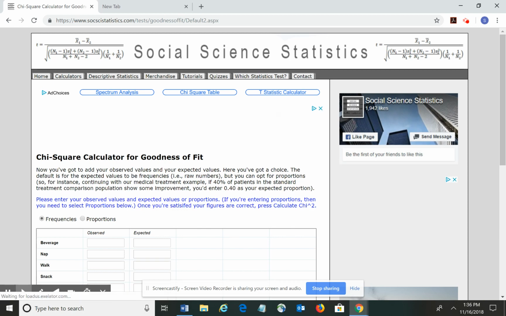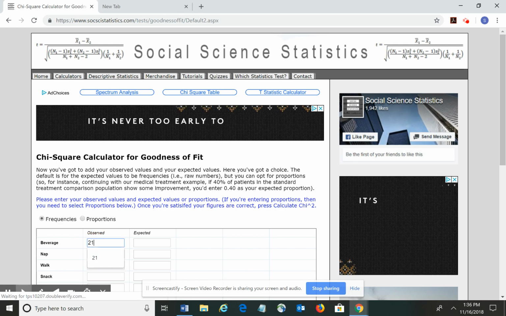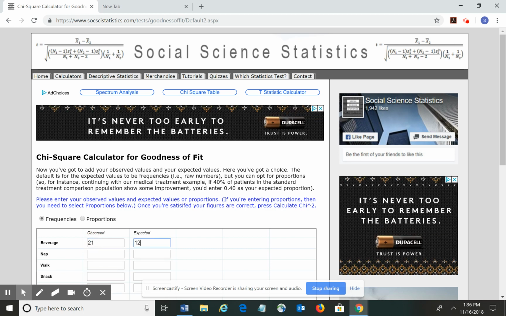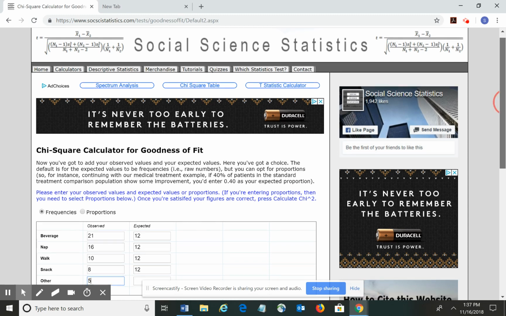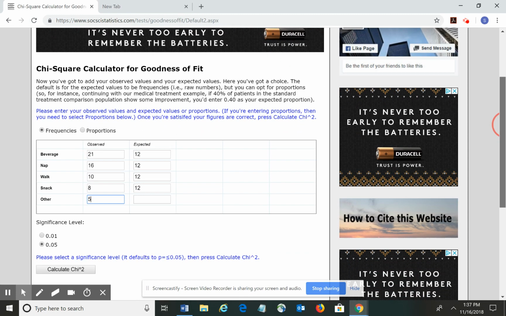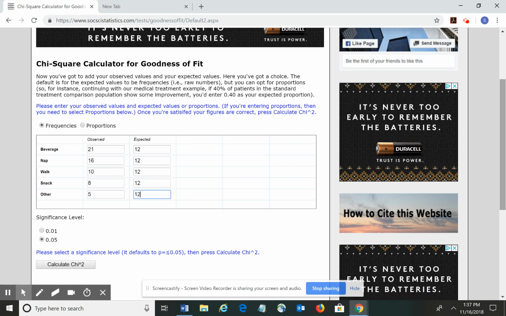We observed 21 people drank a beverage, we expected 12. 16 took a nap, we expected 12. 10 went for a walk, we expected 12. 8 ate a snack, 12 expected. 5 did something else, but 12 was expected.